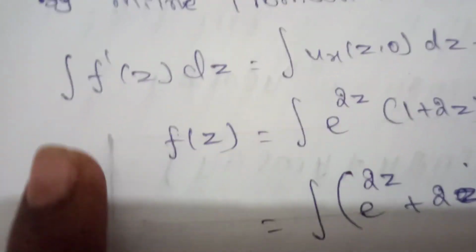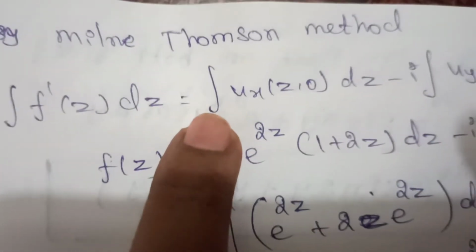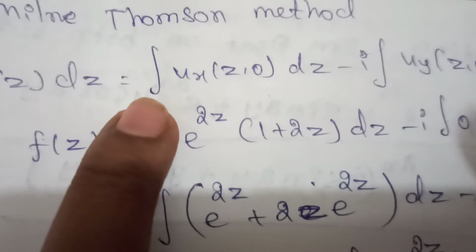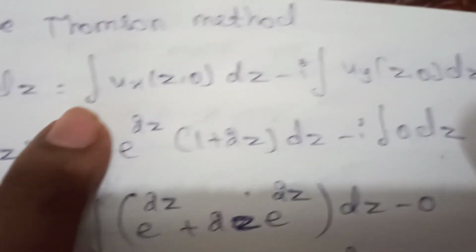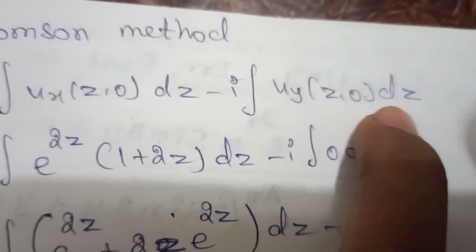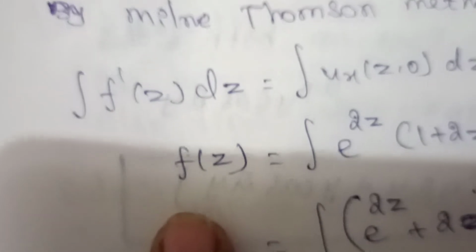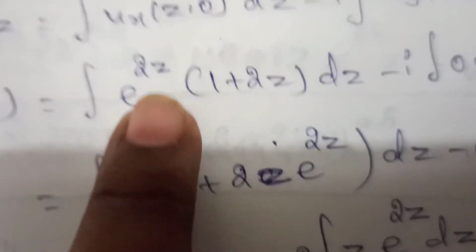Okay. Next, by using the Milne-Thomson method formula, integration of f dash of z dz is equal to integration of u_x(z, 0) dz minus i into integration of u_y(z, 0) dz. Here the integral and derivative cancel, that is f(z) is equal to the integration of the u_x value.